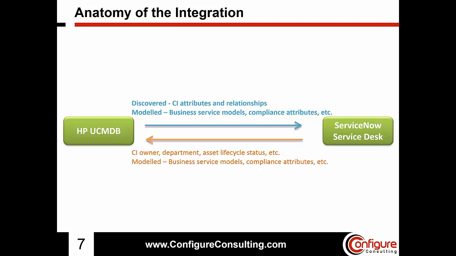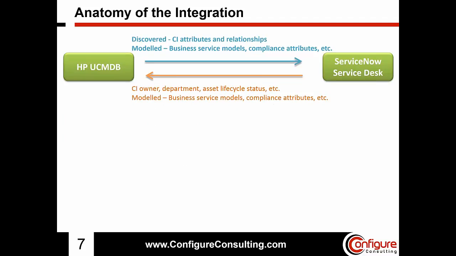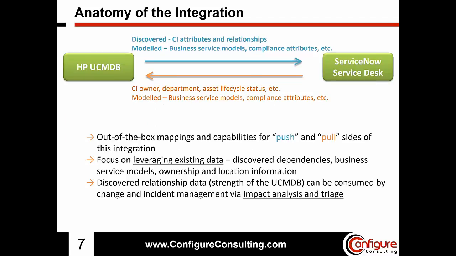And the orange pull allows data from ServiceNow to be pulled into the UCMDB. What this does is it ensures that both config and ITSM teams are truly leveraging and optimizing resources or data on both sides of the fence. And so this is the integration that makes that happen. A few key points.